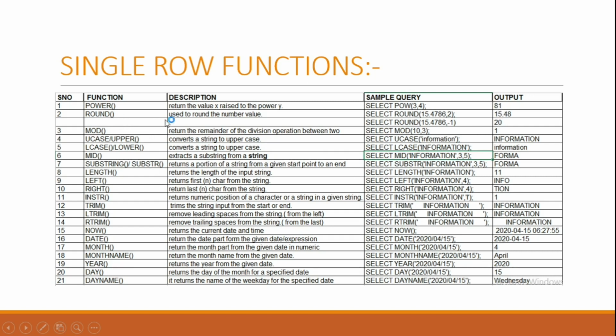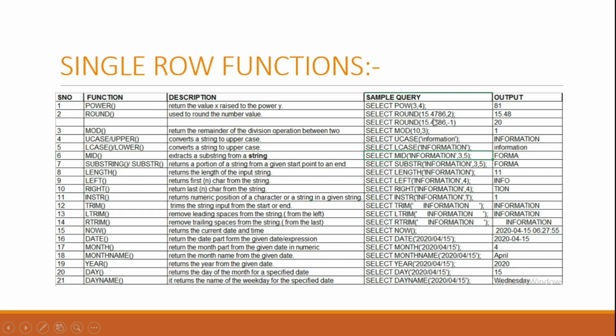Round. The round function is used to round off a value according to mathematical rules. It takes 2 arguments separated by a comma. In the first argument the value is given, and the second argument is the number of digits to which you need to round off the value.